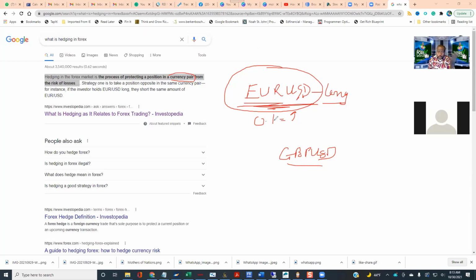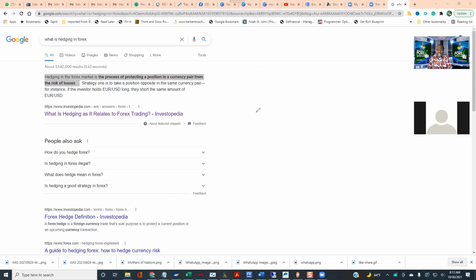Now, there are two ways of hedging, okay? Two ways that I normally do. The first one is if you are entering a trade and you are not clear with the direction to go. So ordinarily, if I'm to trade 0.5 lot size, initially I could just enter 0.1 for that trade.